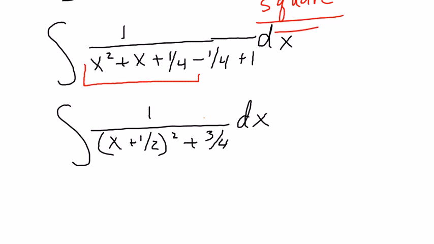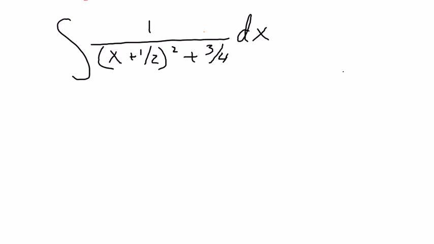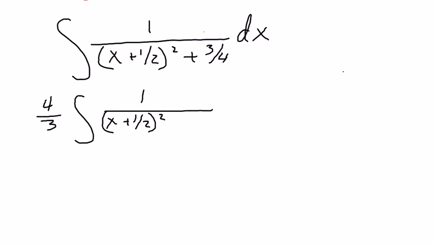You still don't have 1 over something squared plus 1, so you factor out a 3/4 from the denominator, and that becomes 4/3 in the numerator. So what you have here is 1 over and then this is x plus a half squared over 3/4, okay, plus 1.